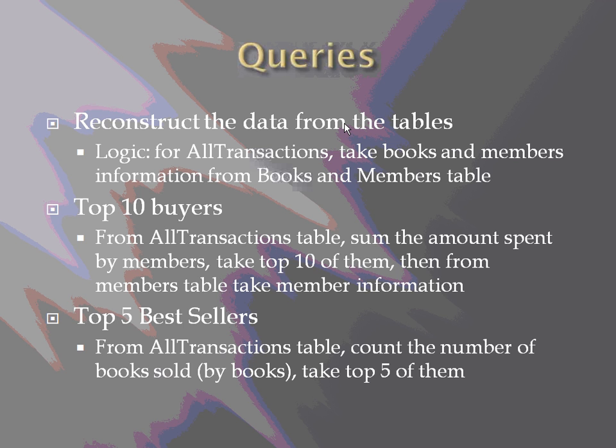Actually, we'll be using the query design window to create this. And what is the concept? Actually we know all transactions. It contains all the transactions for all of the books, so we can take all the transactions. For the all transactions table we'll take all the transactions, then for each transaction we'll take all the associated books, and for each of the books we'll take all the associated members, and in that case the books and members tables will be associated with this query.